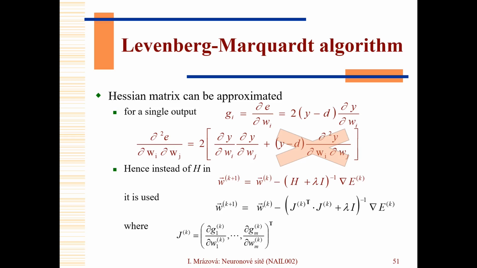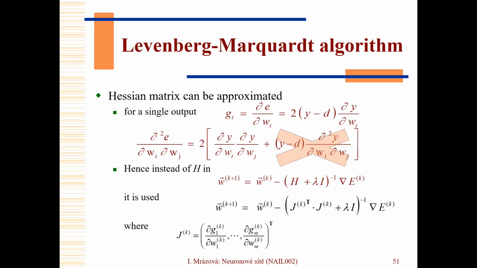When trying to compute the second order derivatives for all the elements of the Hessian matrix, we would have to compute the value for the second partial derivative of the error E with respect to the weight Wi and with respect to the weight Wj.